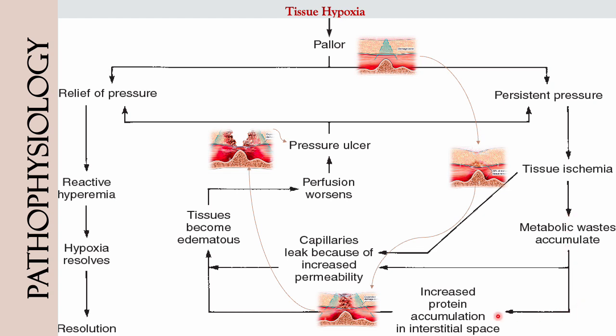Then this leads to increased protein accumulation in the interstitial space. Capillaries leak because of increased permeability, which causes tissue to become edematous. Perfusion worsens, and a pressure ulcer is formed.